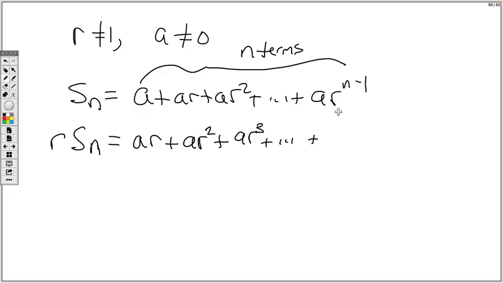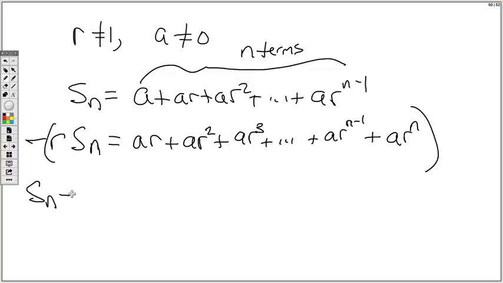And then the term before this would be ar to the n minus 2. That would get bumped up to ar to the n minus 1. And then the ar to the n minus 1 would get bumped up to ar to the what? n.